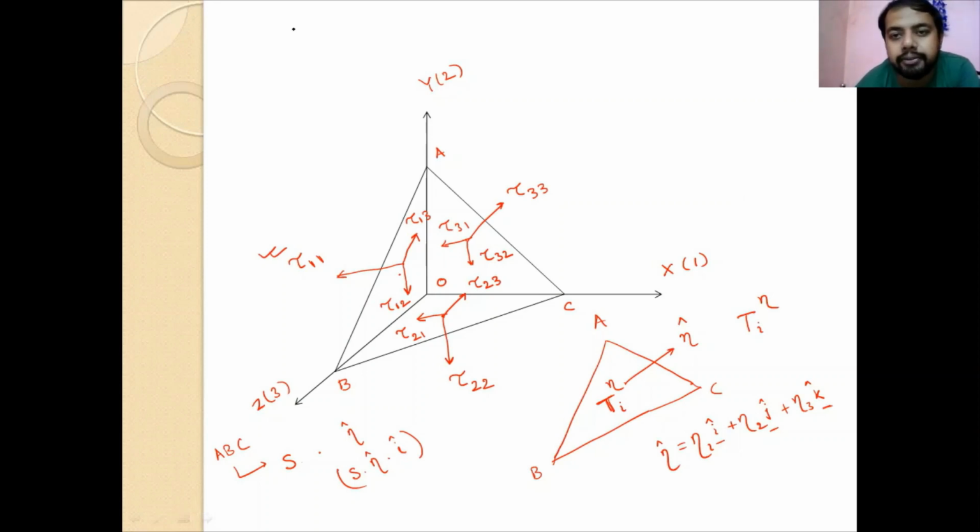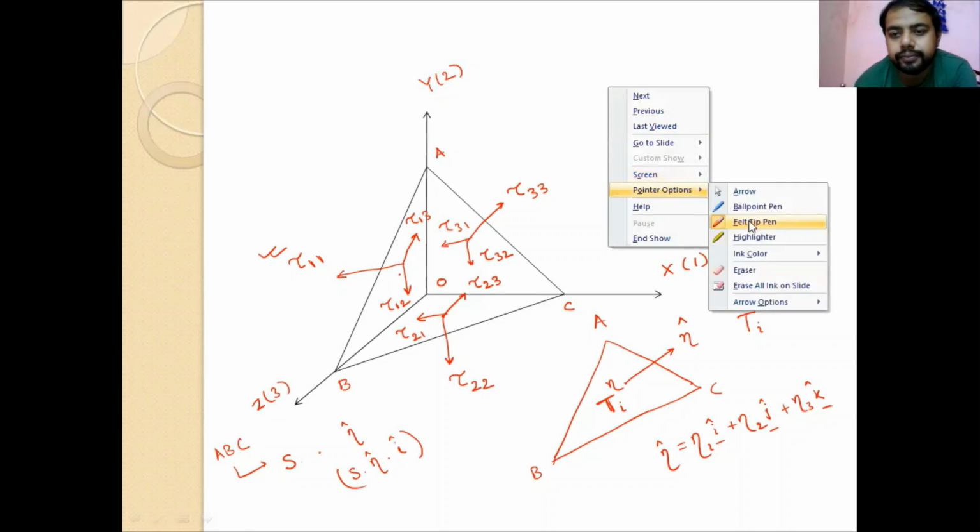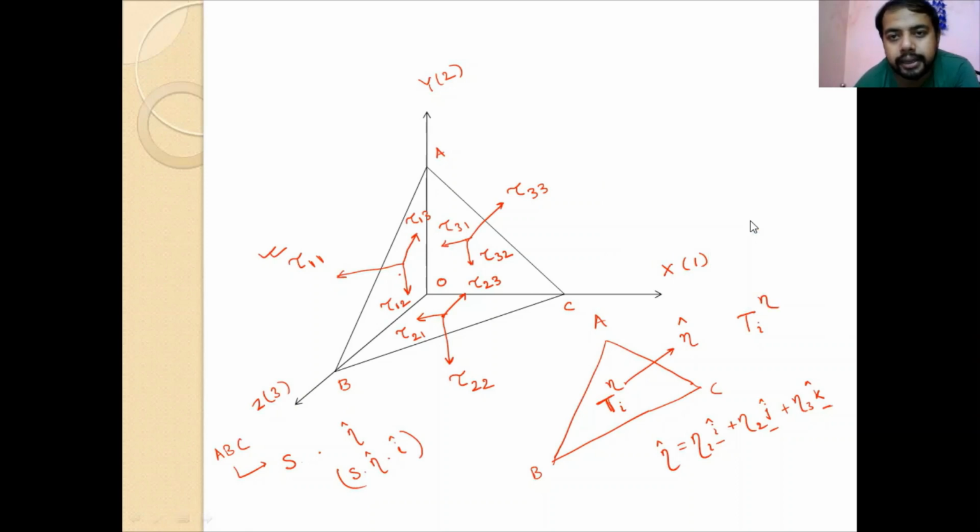So what is the area vector here? The area vector of ABC we can write as S into eta, magnitude into vector. So this area, dot product with i, what comes? It comes S n1.